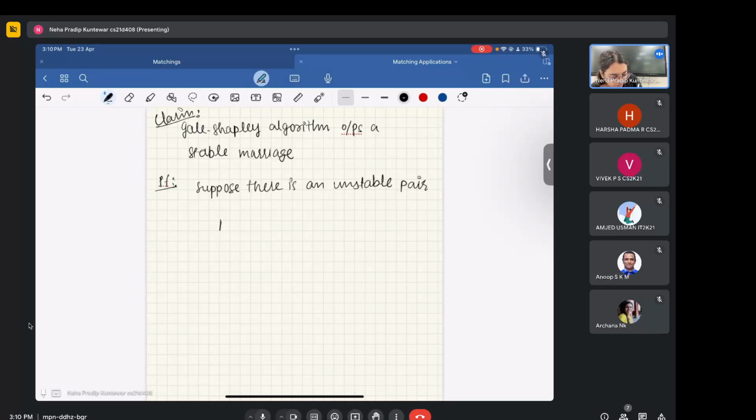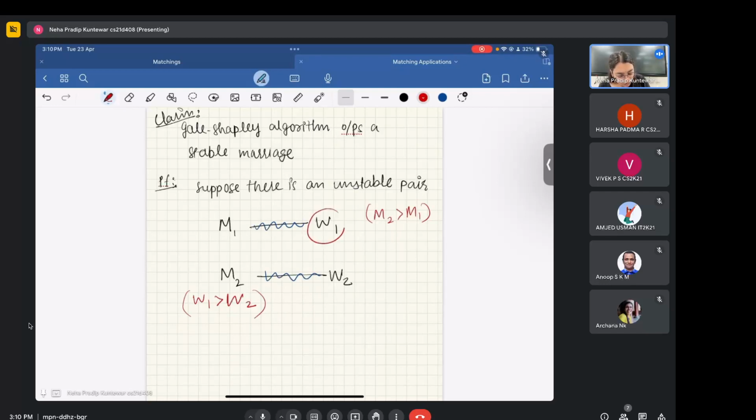So let's say m1 is matched to w1 and m2 is matched to w2 by the algorithm, but suppose m2 prefers w1 over w2 and w1 also prefers m2 over m1. Now what we want to argue is that such a situation never arises according to the algorithm.